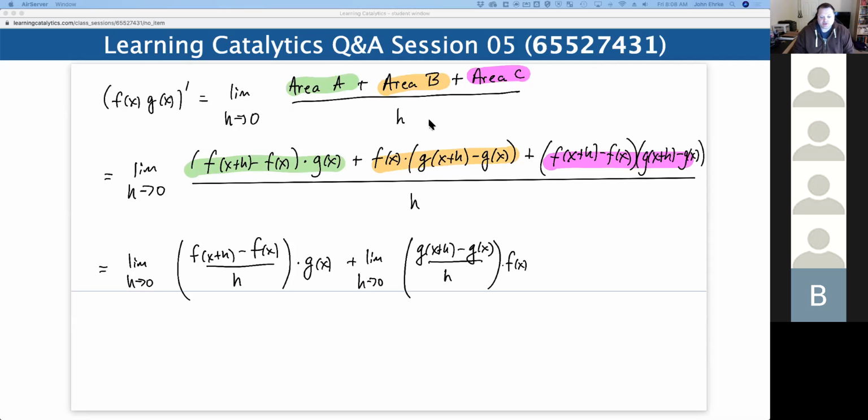And then the last piece is slightly more complicated: it is the limit as h goes to 0 of f of x plus h minus f of x over h, times g of x plus h minus g of x.